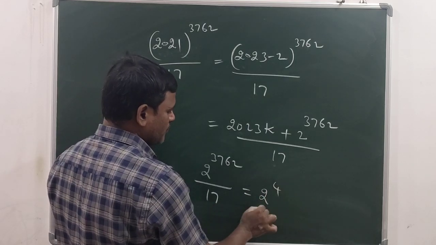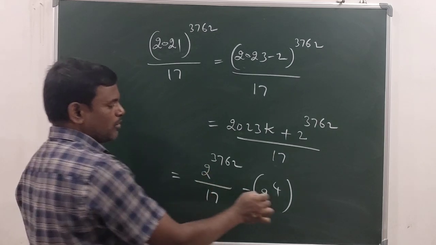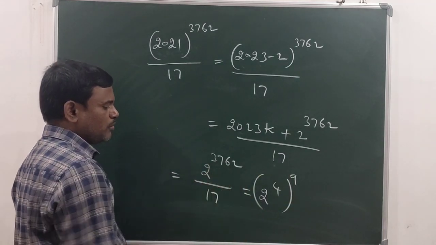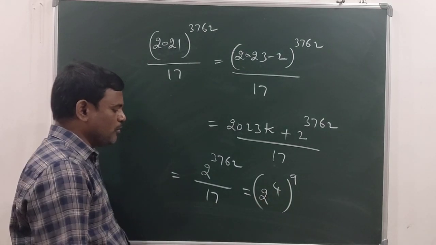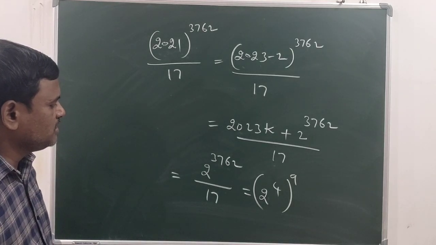Now this one I can write as 2 power 4. Okay. Now divide 3762 with 4. 4 9s are 36, and 1 remains, no. It is not exactly divisible by 4 now. So you cannot write 2 power 4 directly. 4 9s are 36, 4 4s are 16.